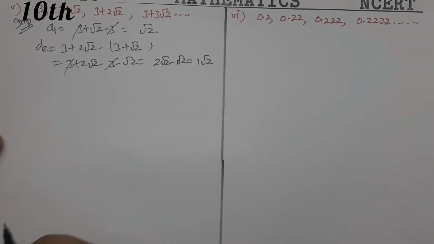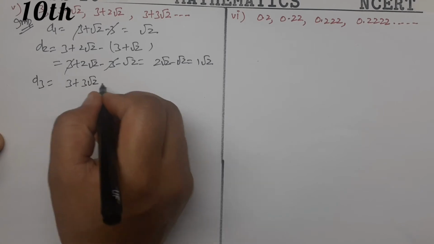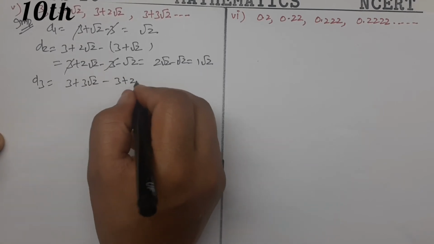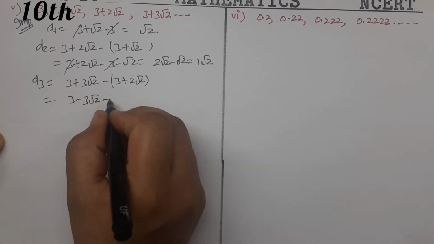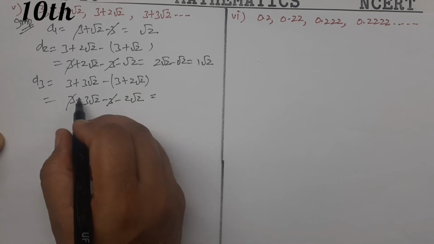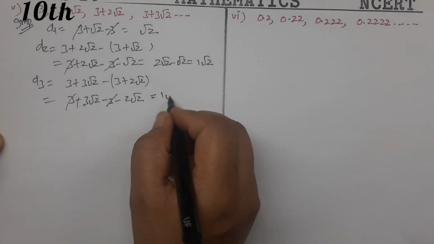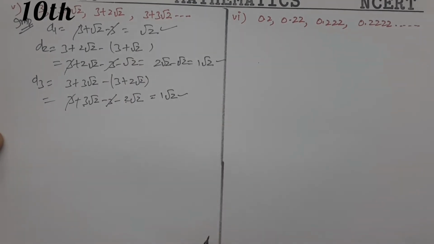We have 1 root 2. d3, use bracket, open the bracket, cancel 3 from 3, 3 minus 2, 1 root 2. Here d is the same.